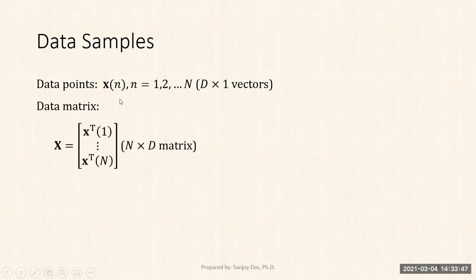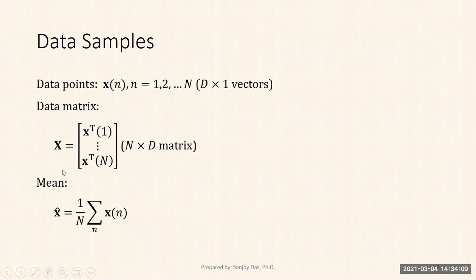Since this is a column vector, and by default everything is a column vector, I transpose them to get a row vector. Then I take all the x transposes together, 1 through n, and I get this matrix, uppercase X, which is an n by d matrix called the data matrix.